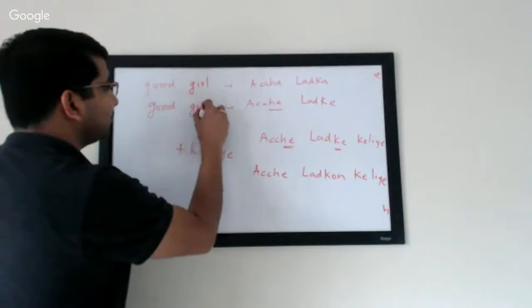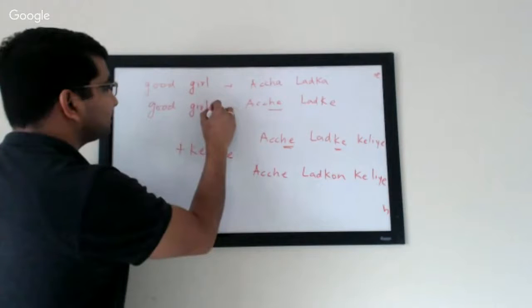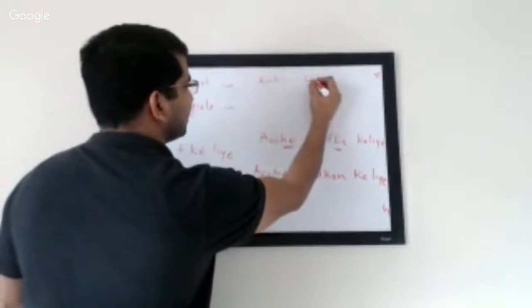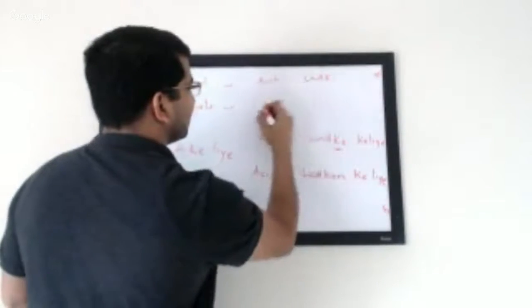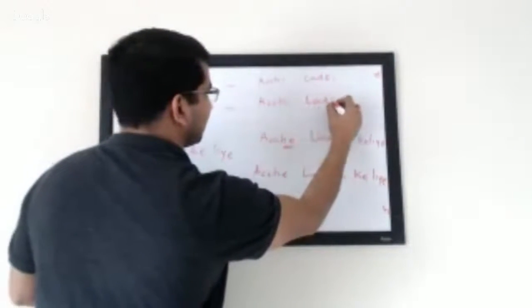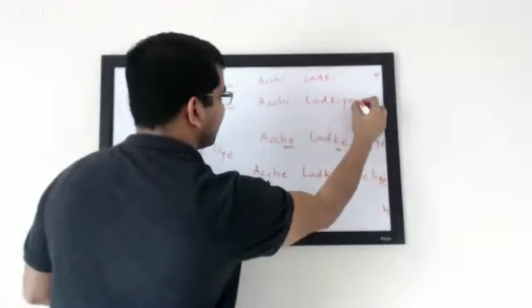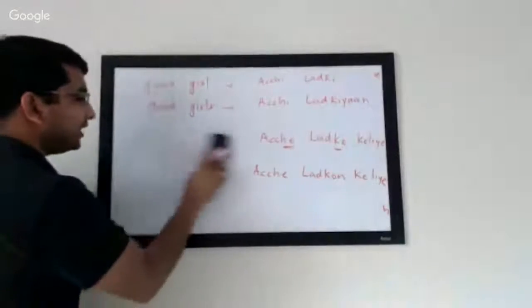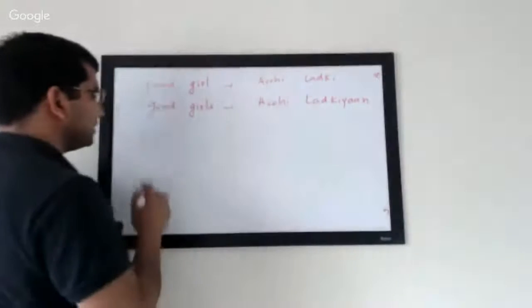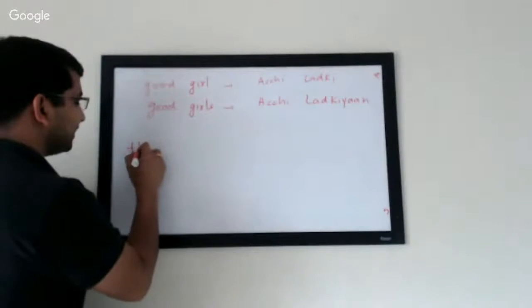Good girl and good girls. So you have अच्छी लड़की, अच्छी लड़कियां, right? But when you're using it with a postposition called के लिए, let's see how it changes. So it's here, plus के लिए.